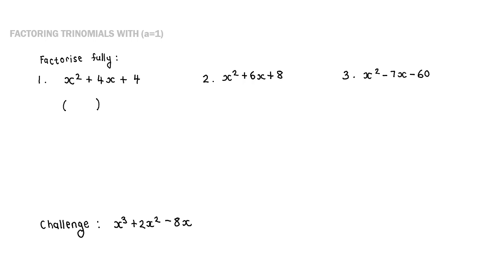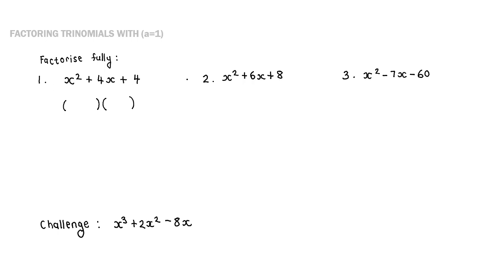So we have to write it as something times something. So what's going to go into this first bracket and what's going to go into this second bracket, that's what we need to figure out when we are going through this process of factorizing, right? But it is quite simple.